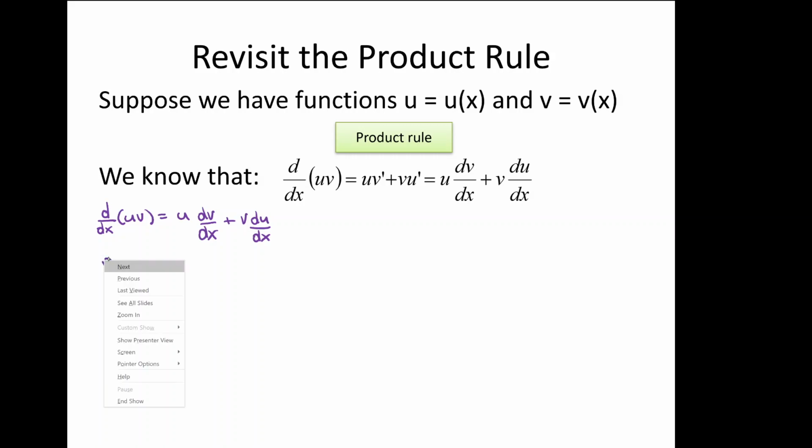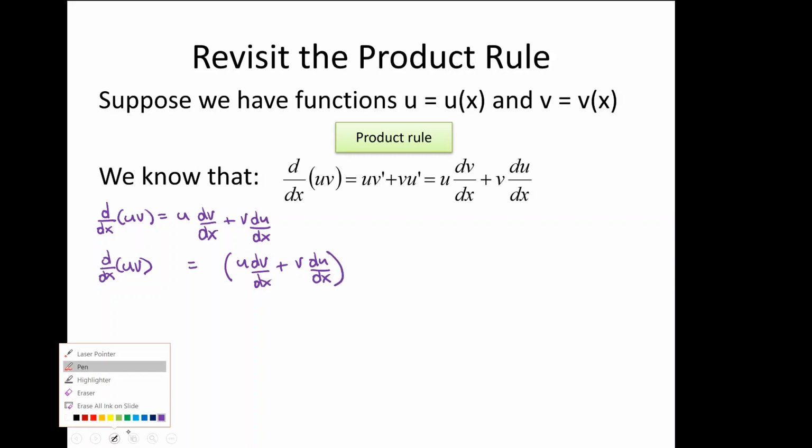What I'm going to do is integrate both sides. Take the antiderivative of the left side and an antiderivative of the right side. So I'm just going to make a copy of those. I'll put some stuff there to go along with it. u times dv by dx plus v times du by dx.